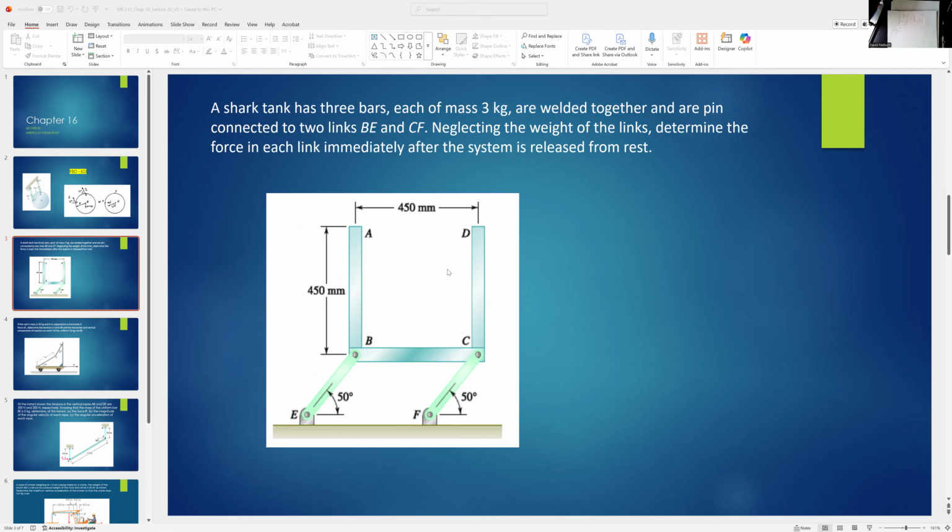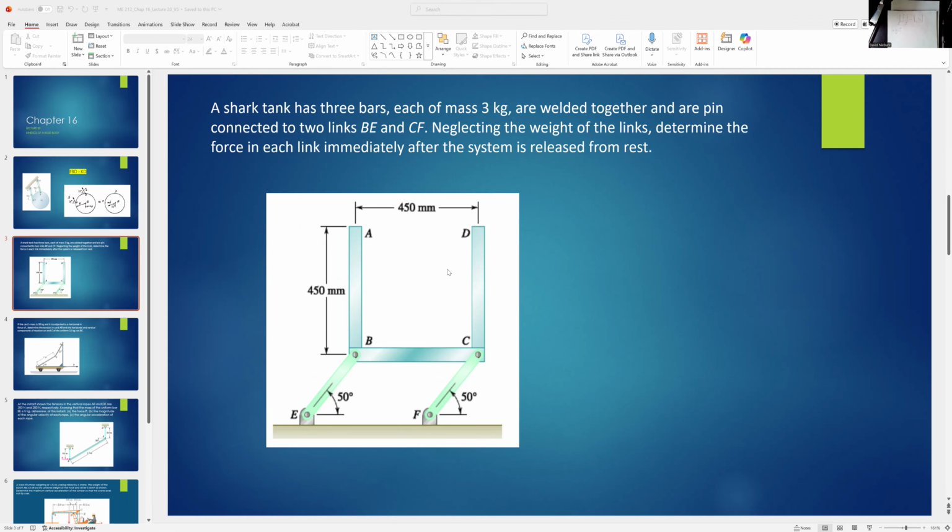We know that when this thing is released, it's going to fall to the right and down, so we have to identify the actual direction of MA. If you guessed it would be down to the right at 40 degrees, then you're correct, which would be perpendicular to linkage EB and FC. Again, down to the right at 40 degrees from the horizontal.